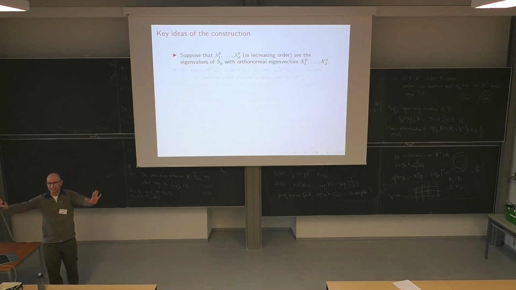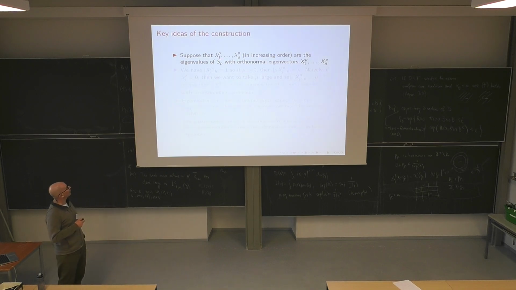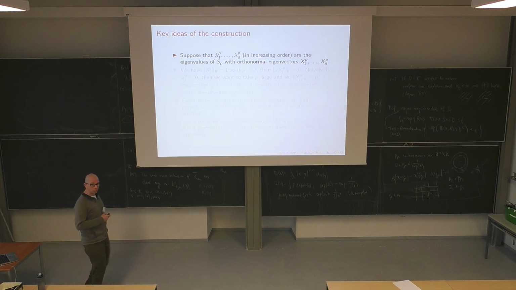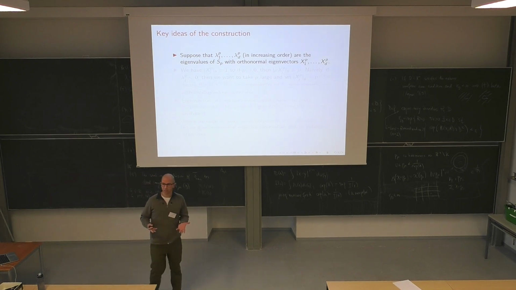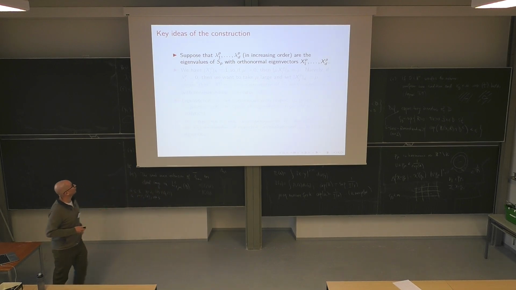So what's the idea? The devil's in the details, but the idea is actually not that complicated. Let's say at a point p, I write down the eigenvalues of the Levi form, lambda 1 to lambda d in increasing order, with orthonormal eigenvectors x1 to xd. What I would like to do is, in my new metric, minimize the importance of the negative eigenvalues. So what's the naive way to do that?